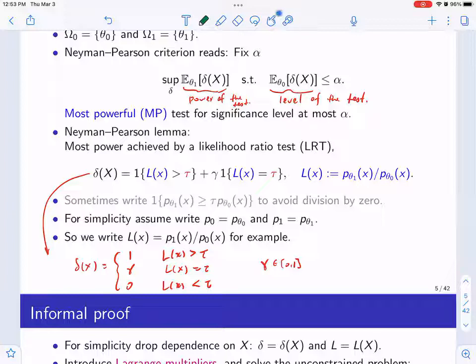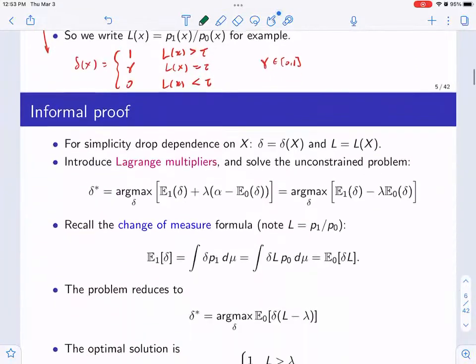Anyone remember the general idea there? Great, yeah. To translate from an expectation under one measure to the other, you do a change of measure by multiplying whatever you're taking the expectation of by the likelihood ratio and taking the expectation under the other measure.